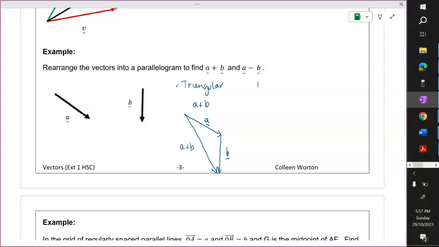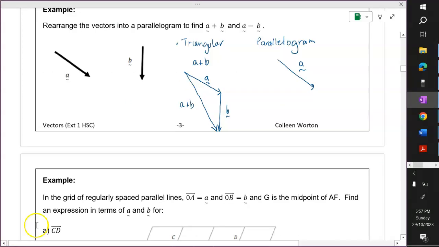If I was doing that with the parallelogram method, okay, I'm going to get my vector a. Put it over there. That's my a. I'm going to pop in my vector b over here. Now I need to pop in my other vector a and my other vector b.